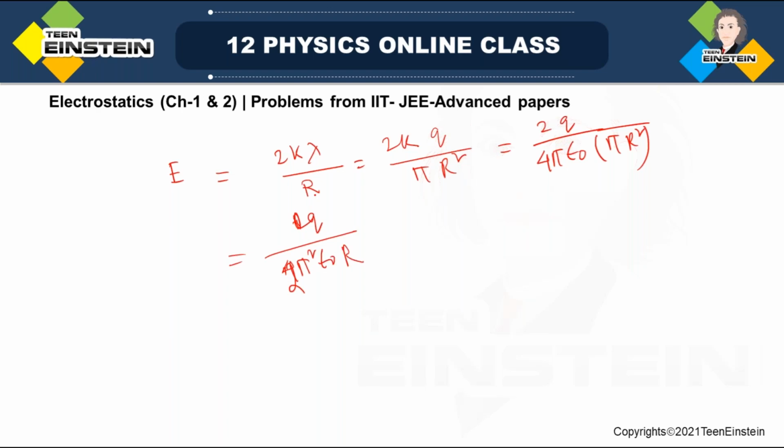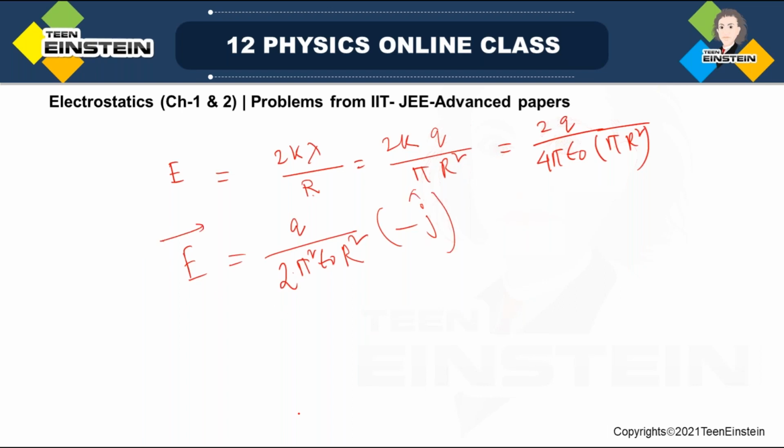Here one r was there down, that's why it is becoming r square. So the final result is actually q by 2 pi square epsilon naught r square. So this is the electric field.